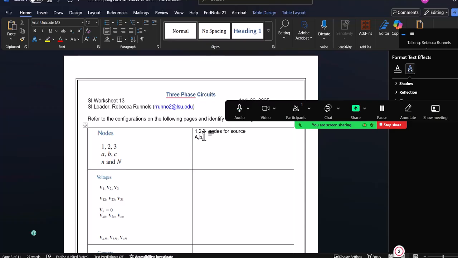A, B, C are nodes for load. N and n are neutral nodes for Y only.